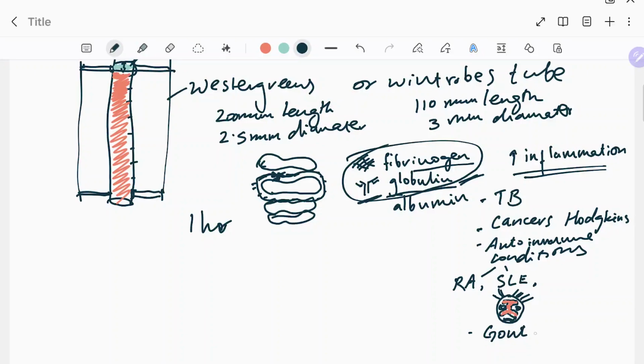Gout is where you have so much uric acid. So what is uric acid? It's the breakdown product of purines. So you have these purines from your DNA, and when you digest and destroy them, they get converted to uric acid in the body after you metabolize these purines.